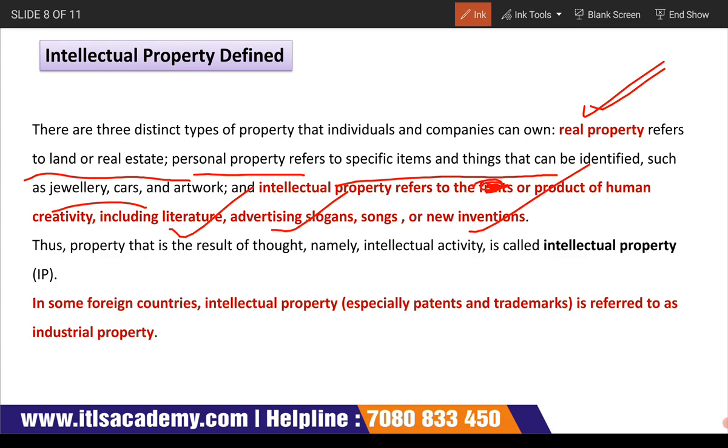The property that is the result of thought, namely intellectual activity, is called IP. In some foreign countries, intellectual property, especially patents and trademarks, is referred to as industrial property.